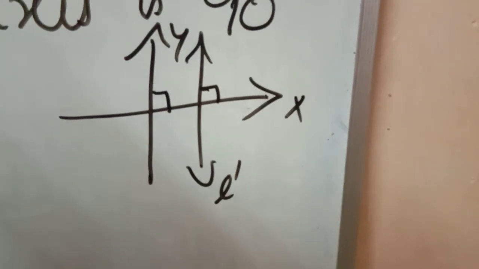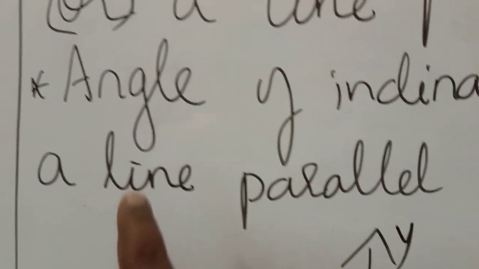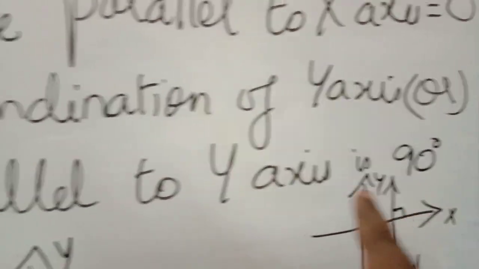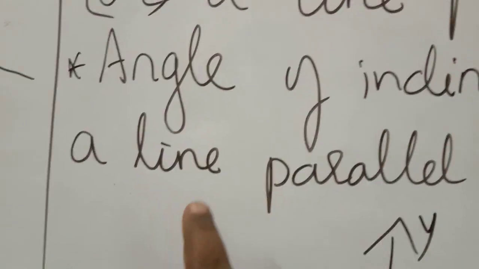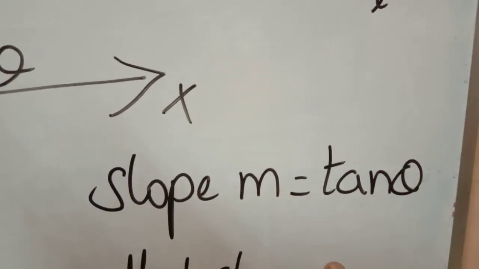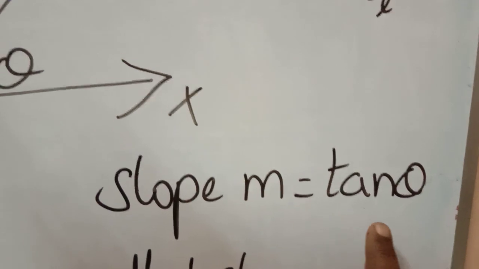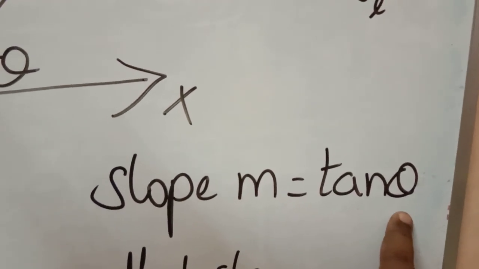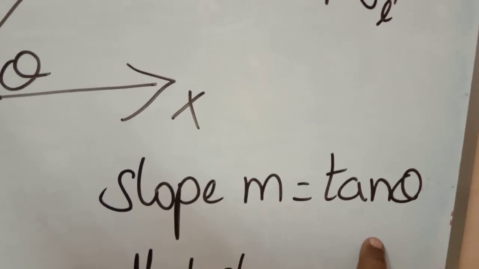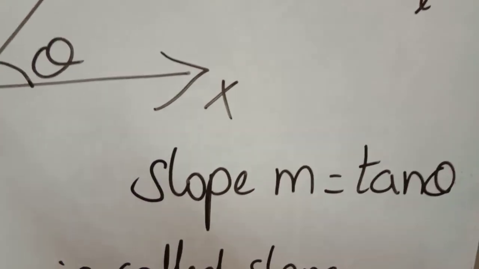So the angle of inclination is 90 degrees. So the angle of inclination of the y-axis is 90 degrees, and the angle of inclination of a line parallel to the y-axis is also 90 degrees. So the formula for slope is m equal to tan theta. Theta is the angle made by a line with the x-axis.